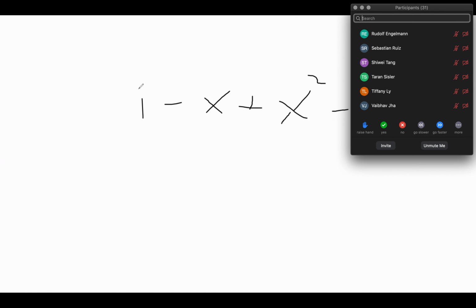Okay. So I need to find out an upper bound for the magnitude of the approximation error. So that's pretty much the same thing. That's pretty much Lagrange error bound also.